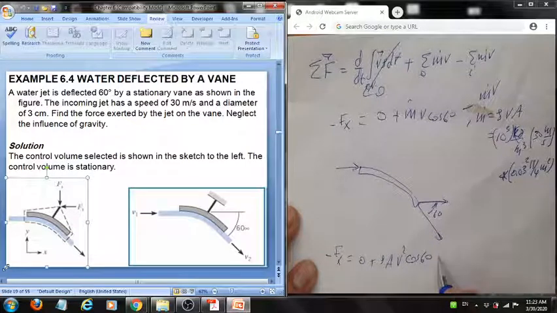So we have minus, once again, rho A V squared in this manner. So we end up with rho A V squared, cosine 60 minus 1, equals minus Fx.